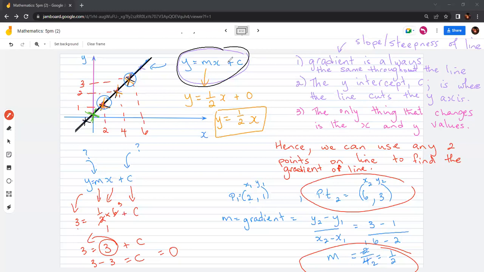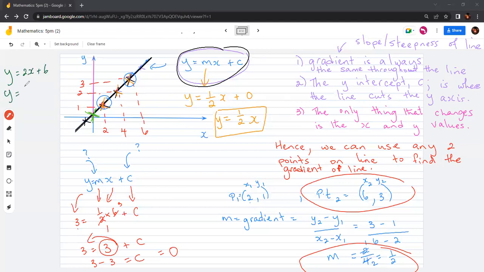So just recapping. A straight line has a standard equation, which is in the form of y is equal to mx plus c. It could be y is equal to 2x plus 6.